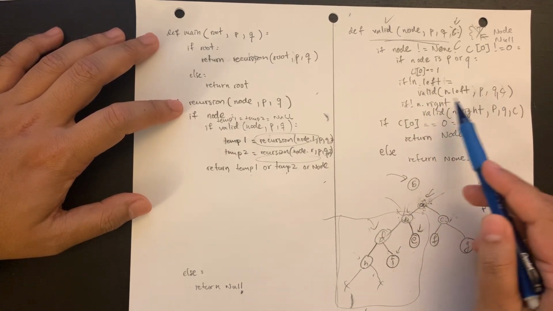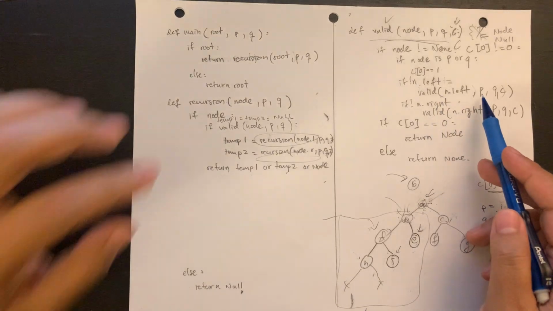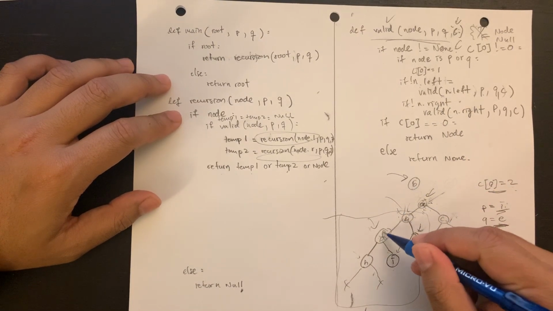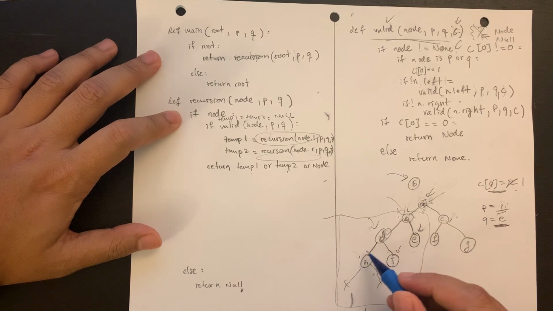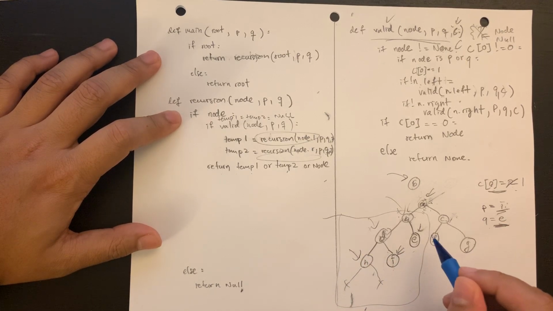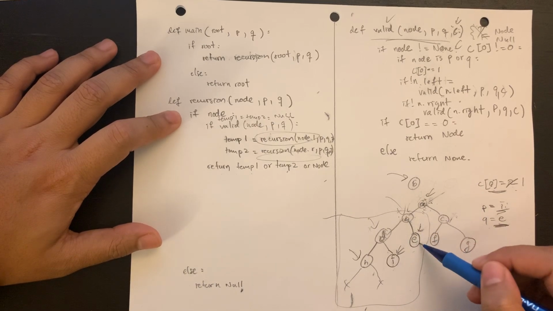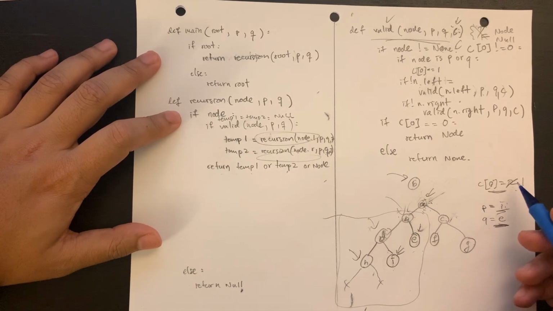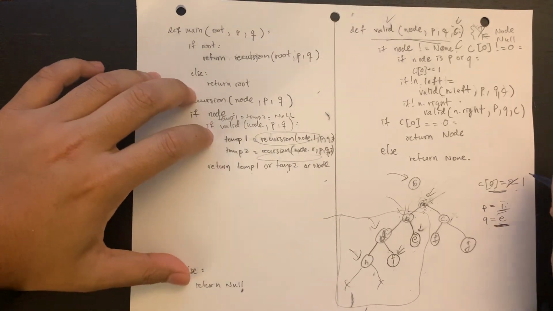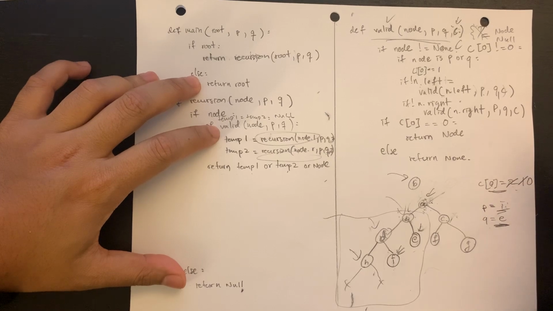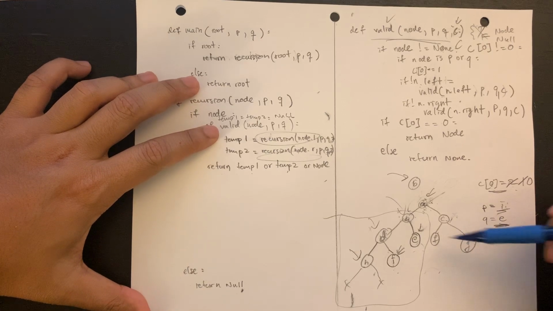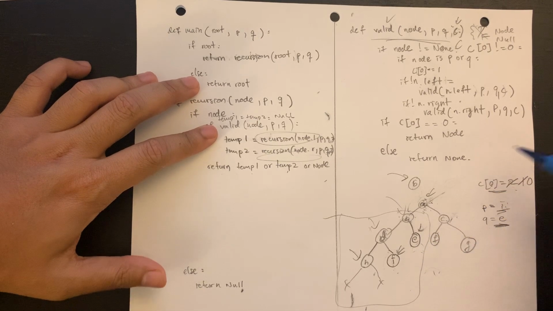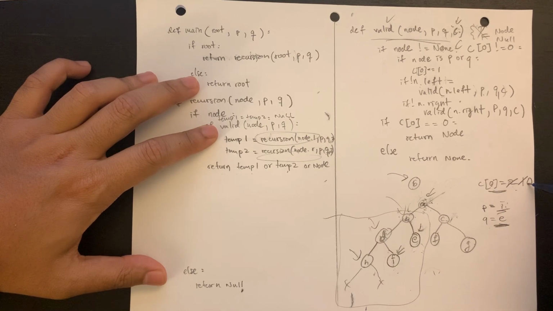We go left again, and then we go left again, and then we found D. Since we found D, we subtract this by 1, and then we traverse left and right, and then B right here traverses right, and then it found it. So since it found it, it subtracts this to 0, and then it checks left and right here. And since there isn't any, it just goes back.